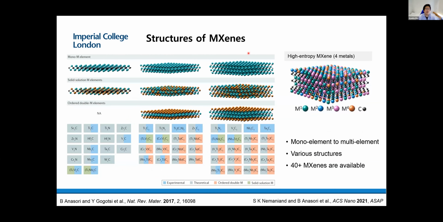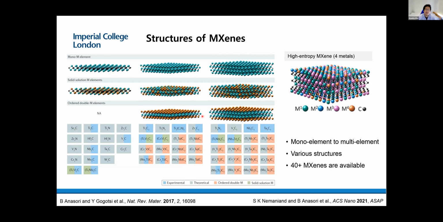The structures of a MXene can be divided by how many metal layers are in this MX structure, and also whether the metal layer is made of a single element or two elements in solid solution. For some specific compositions, they can create an ordered structure where one atom is located on the very surface of the nanosheet and the other is in the middle area.